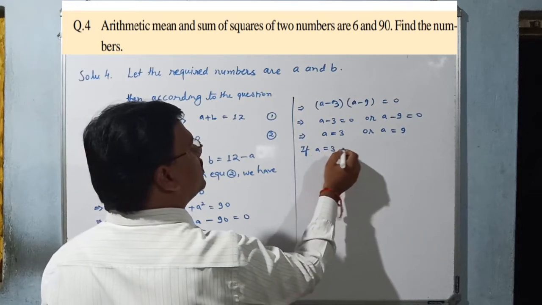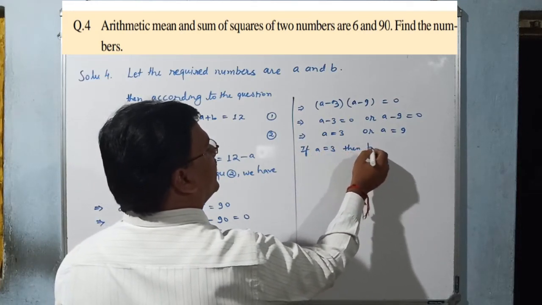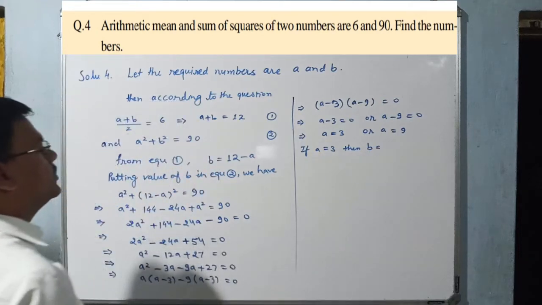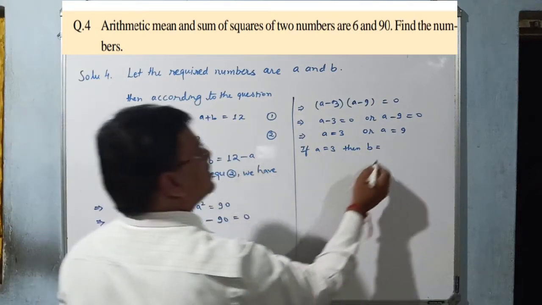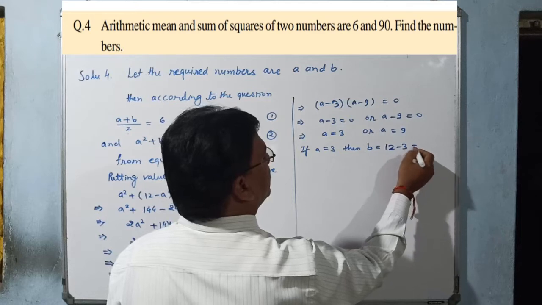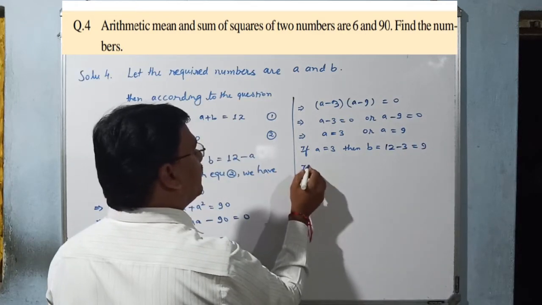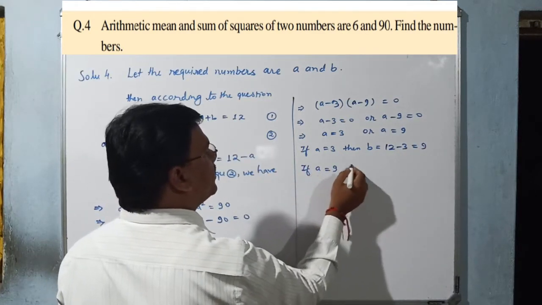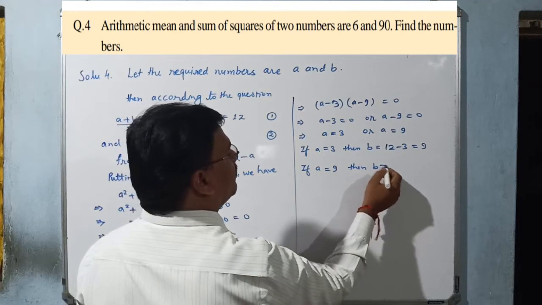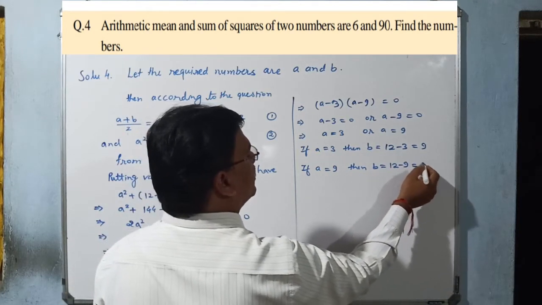If a equals 3, then b is equal to 12 minus 3 equals 9. If a equals 9, then b equals 12 minus 9 is equal to 3.